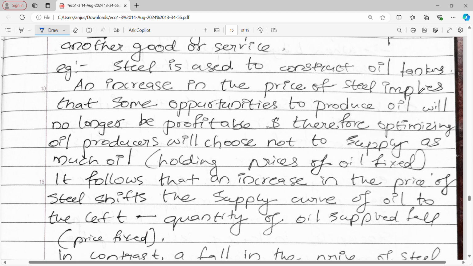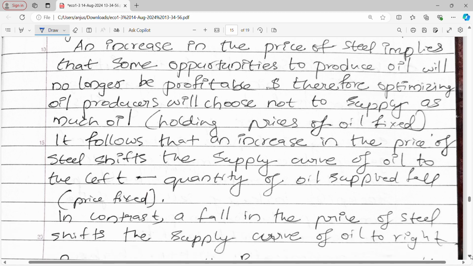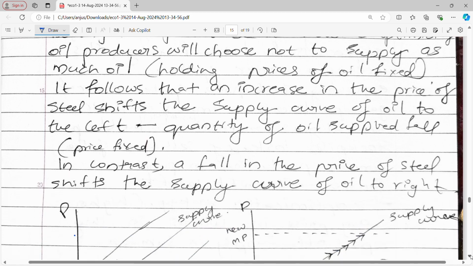Because to construct oil tankers we need steel, and the steel's price increased, so it becomes more expensive to construct oil tankers, that is, to produce oil. Therefore, optimizing oil producers will choose not to supply as much oil. It follows that an increase in the price of steel shifts the supply curve of oil to the left. Thus, the quantity of oil supplied also falls.